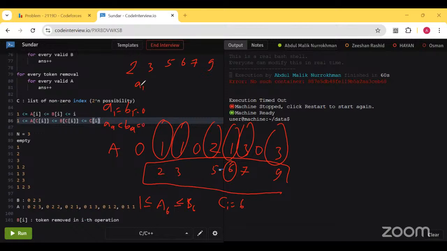But A2 and B2 should be like this. Is it correct? And then A3 and B3 should be like this and so on. A9 and B9 should be like this. So it means A_{C_i} is less than or equal to B_{C_i}, which is less than or equal to C_i.